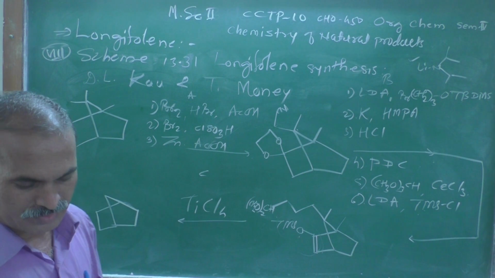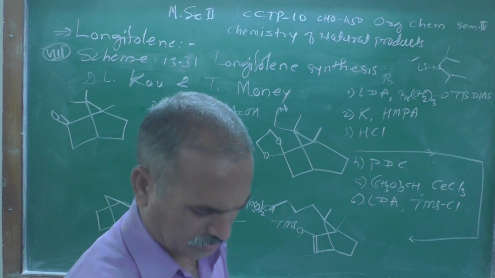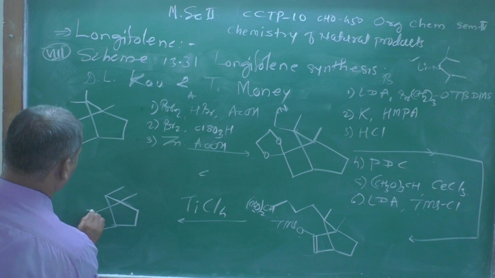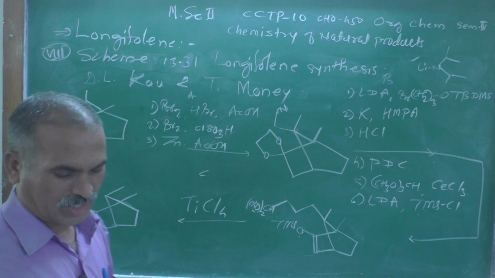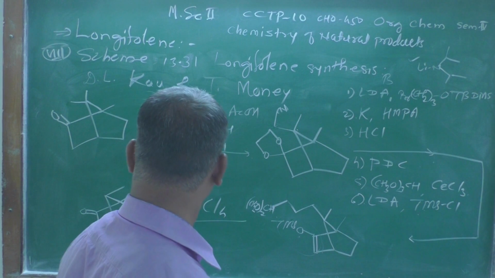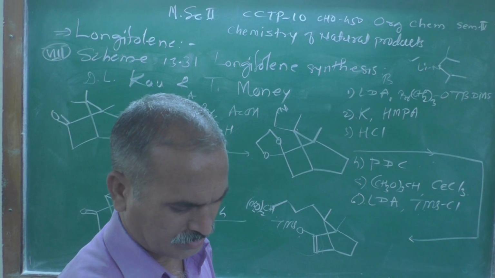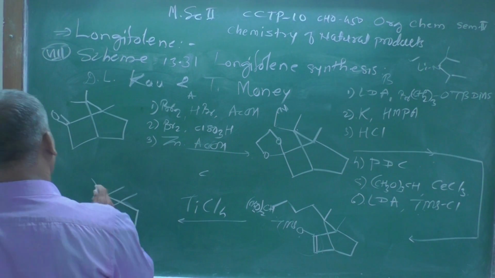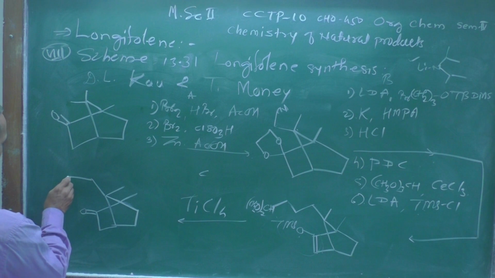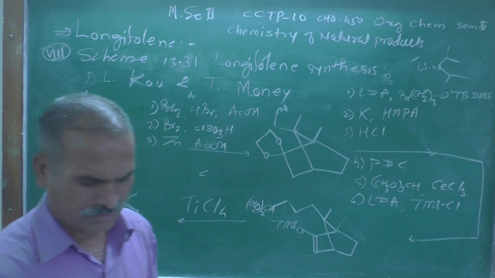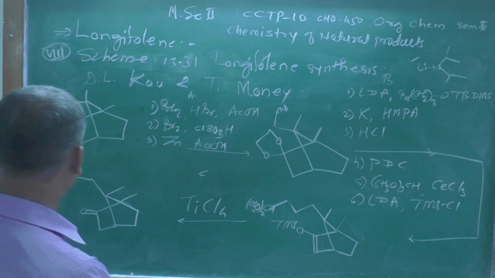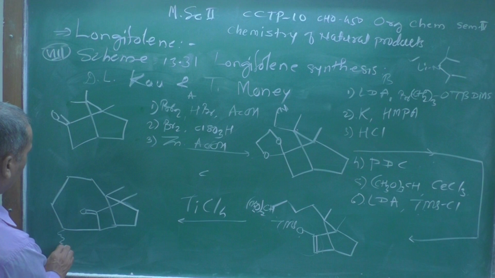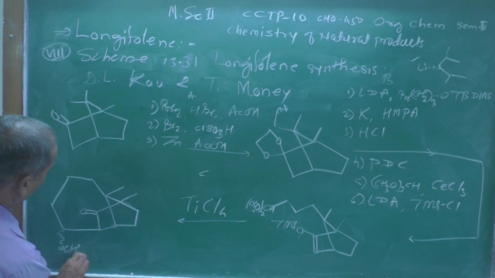The compound you are going to get is this one, this and this remains as it is here, C double bond O, oxygen atom, and now the ring will be formed, this one, then this, adding here there will be OCH3.